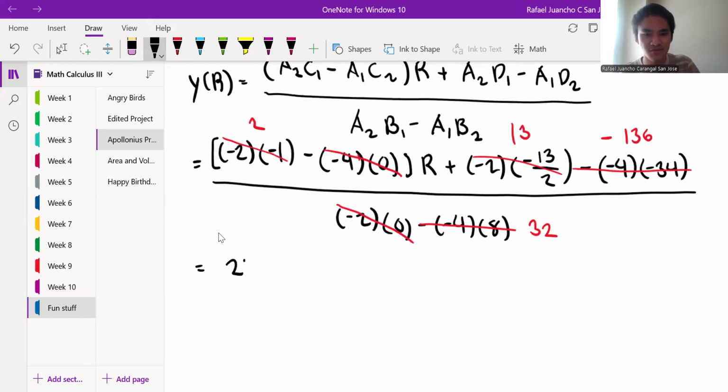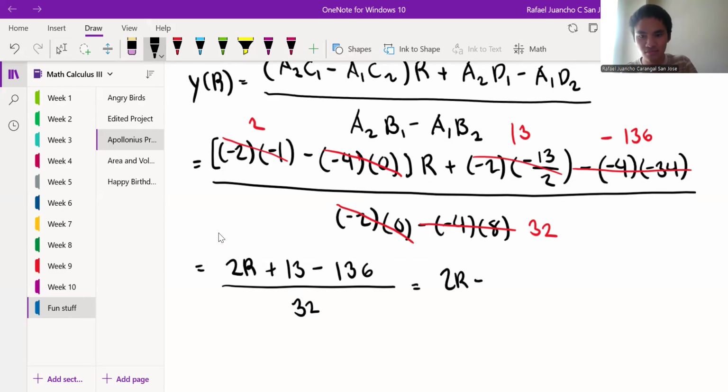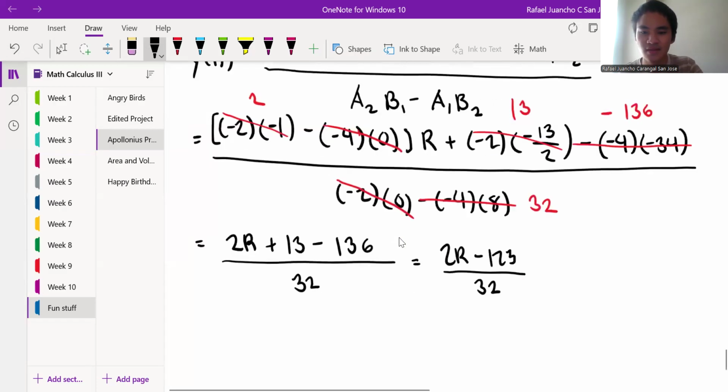So here I have 2r plus 13 minus 136 all over 32, right? And then I get 2r plus 13 minus 136. There we go.